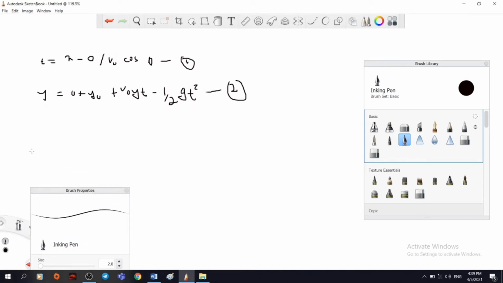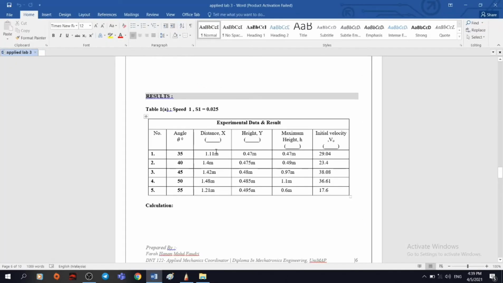The first data that we got is for angle 35. Distance for X is 1.11 meters, and height for Y is 0.47 meters.